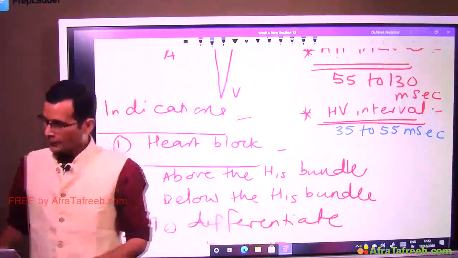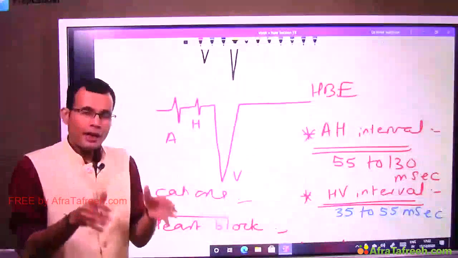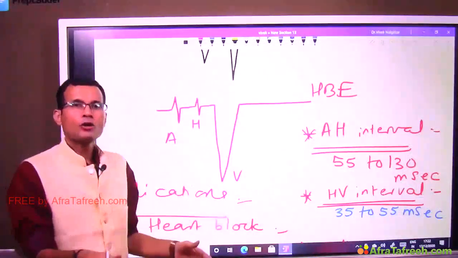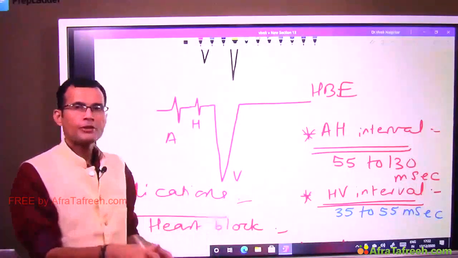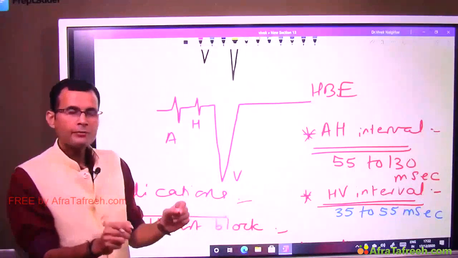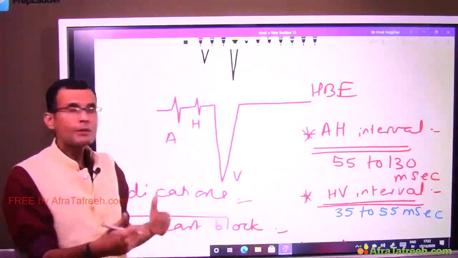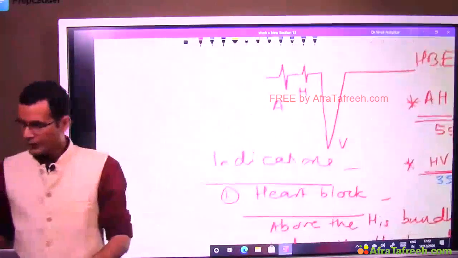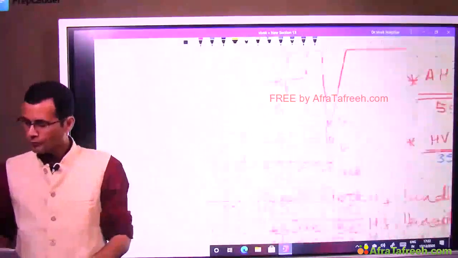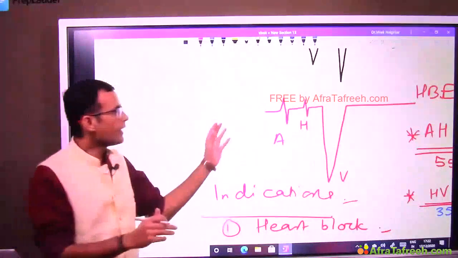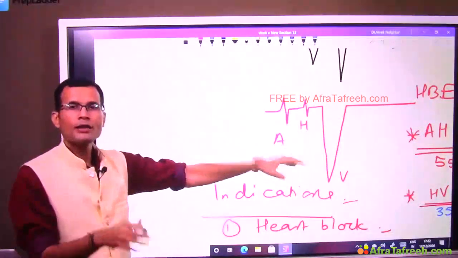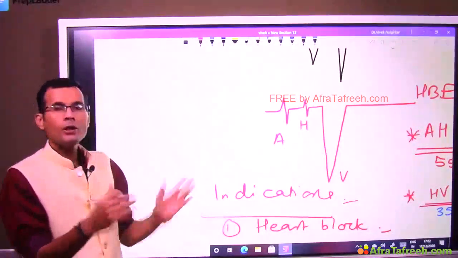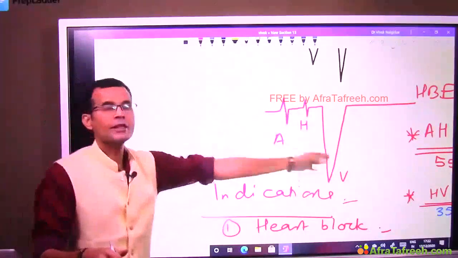Now, if the AH interval is prolonged in a patient, then the heart block will be above the His bundle. That is in the AV node, isn't it? If the AH interval is prolonged, that means the impulse is taking longer time to reach the His bundle.